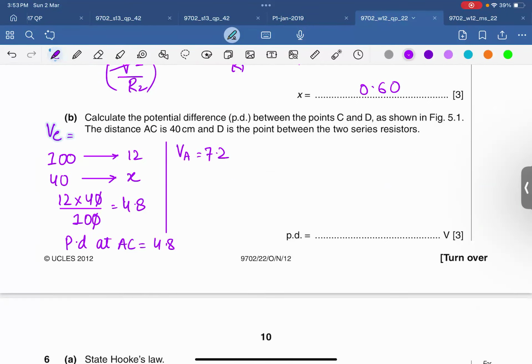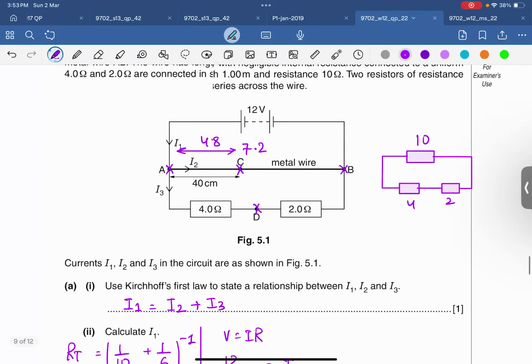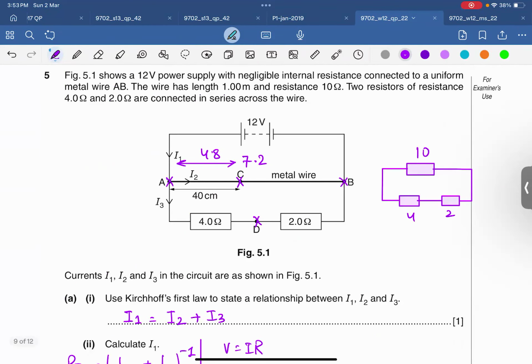Now, this is the first point. Now, you have to do the similar working for the resistors as well. Sorry, it should be C, not A. So basically the concept over here: if you find the potential at A, you'll find 12. If you find the potential at C, you'll find 7.2, and if you find the potential at B, you'll find 0.